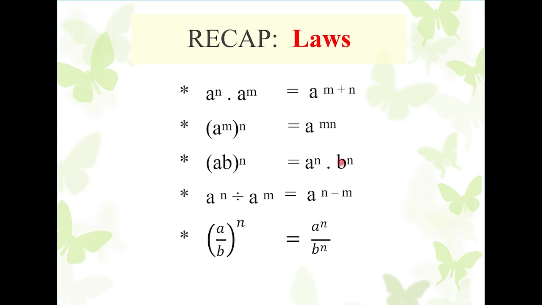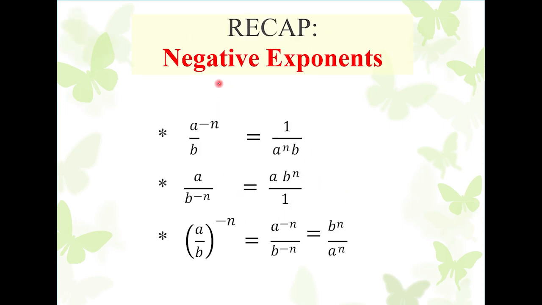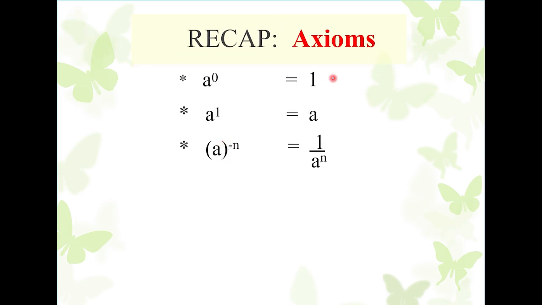Here we remember the laws that we discussed in grade 10, and also remember some of the axioms. And lastly, we also talked about the negative exponents. I know that it's quite confusing, but to explain this one, I can start off on the axiom. As you see in this third axiom, we have a to the power of negative n.